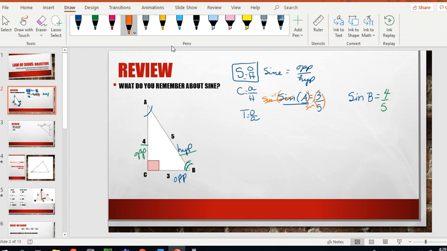It's kind of like saying divide and multiply by the same thing. So this leaves you the measure of angle A is equal to sine inverse of 3/5.